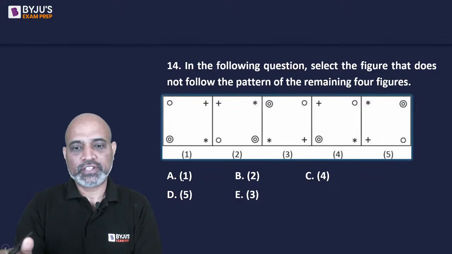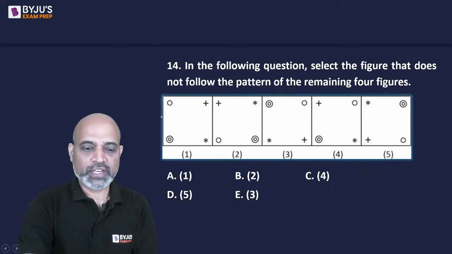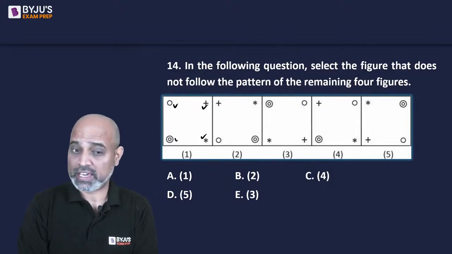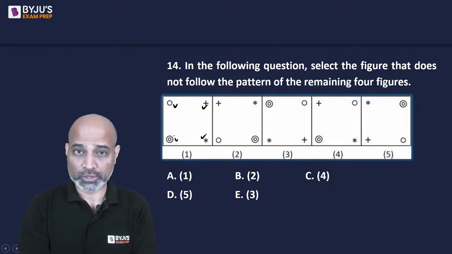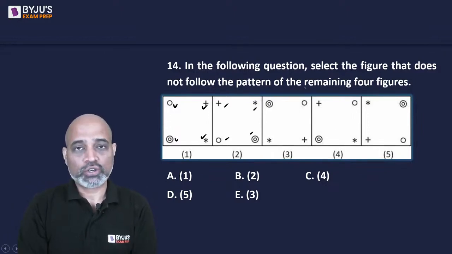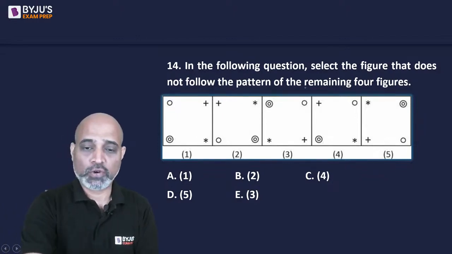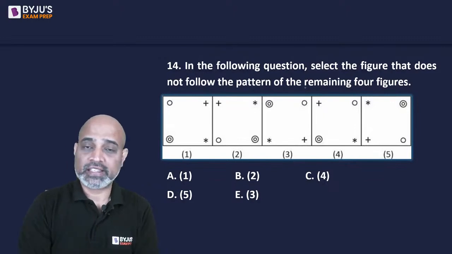So if you look at the figures, in the first figure we have a circle, a plus, an asterisk, and a concentric circle, or let's call it a donut. In the next one again we have a plus, an asterisk, a donut and a circle. If you pay attention, in all the 5 figures we have the same shapes. Now what about the sequence, as in the arrangement?